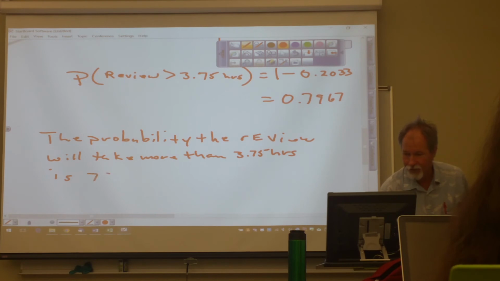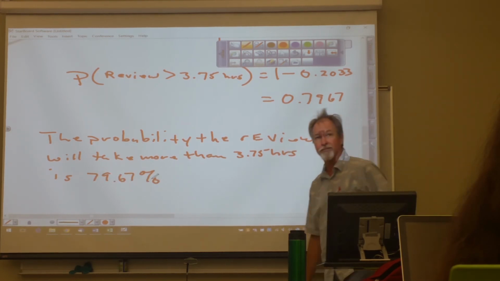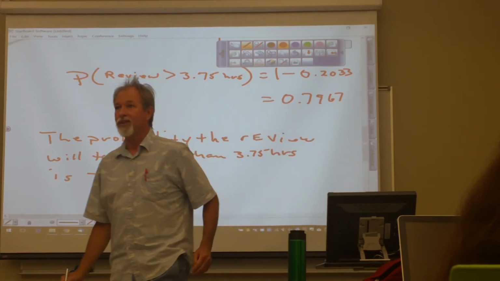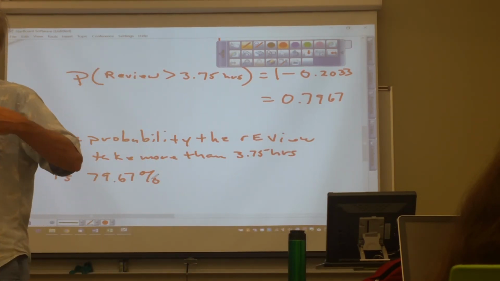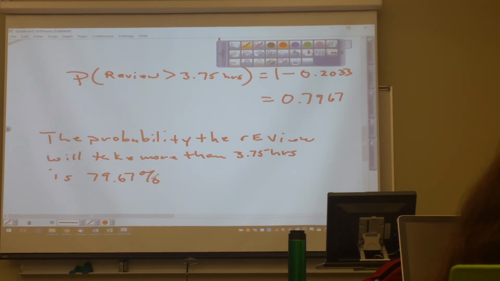So we're using the central limit theorem to take information about what we know about populations and what we're looking at with samples to figure out what the probability of something happening.